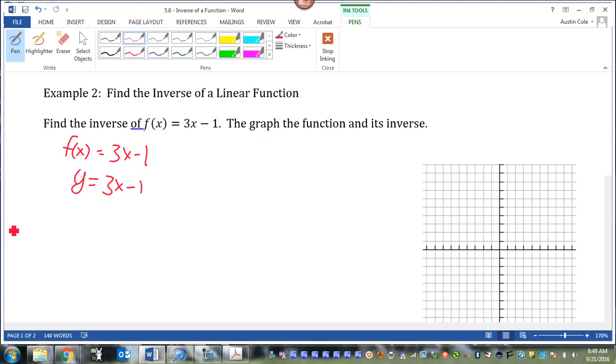So f of x is just a way of writing y so that we don't have to say solve for x equals blah. We can just put f of 6 and solve for 6. So this notation, when you're finding the inverse, this is what you do. You take out f of x, put it in y, and then you switch x and y.